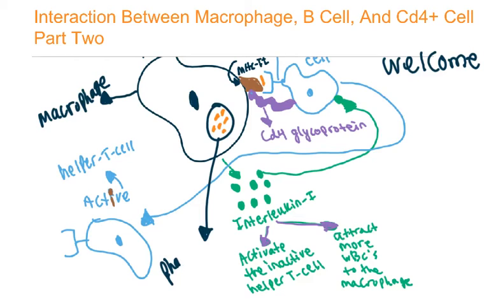We already know the process of phagocytosis and the process of breaking it down via lysozymes, and then these antigens get presented. Then we talked about this helper T cell here. It got cut off, but this is a helper T cell, and it was inactive previously.